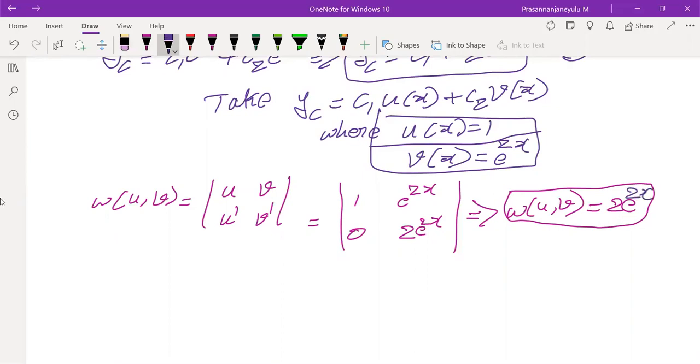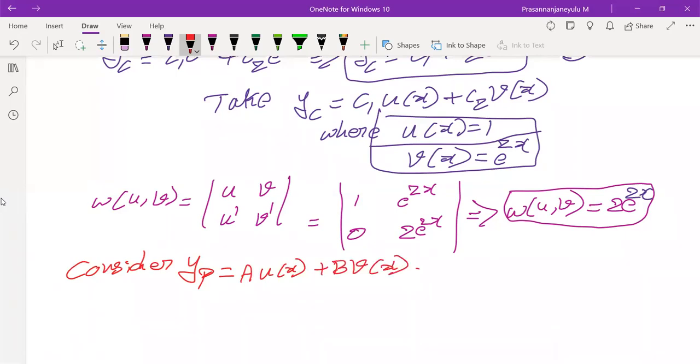Now, we need to consider the particular solution or particular integration. Consider yp. What is yc? c1 into u of x plus c2 into v of x. So yp is capital A into u of x plus capital B into v of x. Like this we have to consider, taking this as equation number 4.